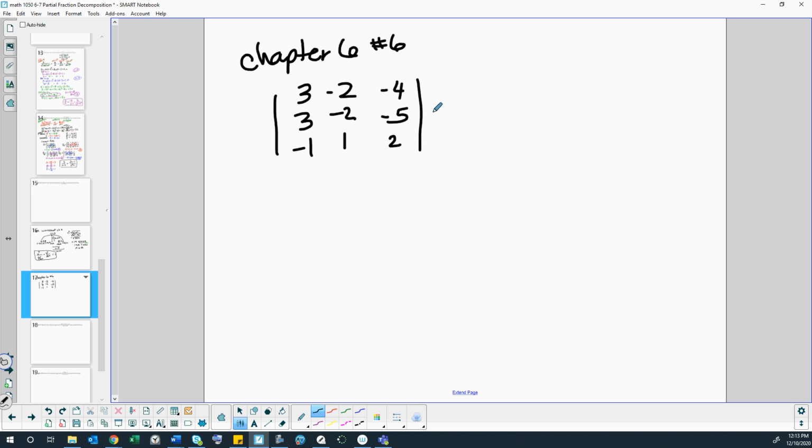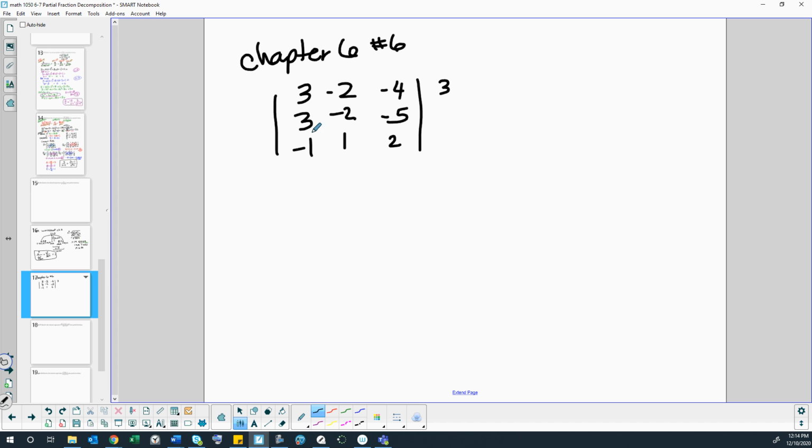And when I put the straight lines instead of the brackets, like an absolute value, that is telling me to find the determinant of the matrix. In the question itself it's saying we're finding the determinant, so by writing the straight lines, I'm basically saying find the determinant without actually writing out the words. So anyway, I'm going to copy down the first two columns.